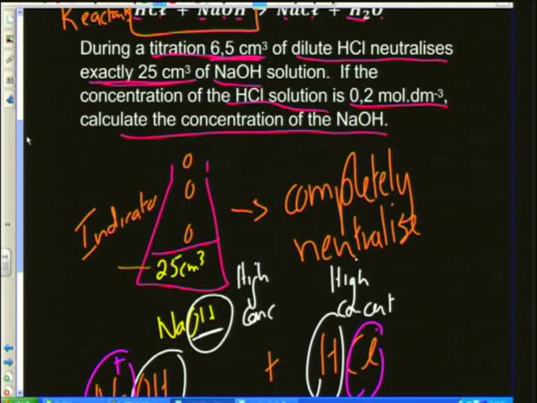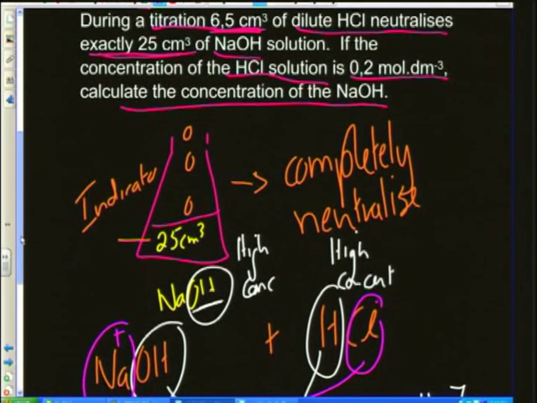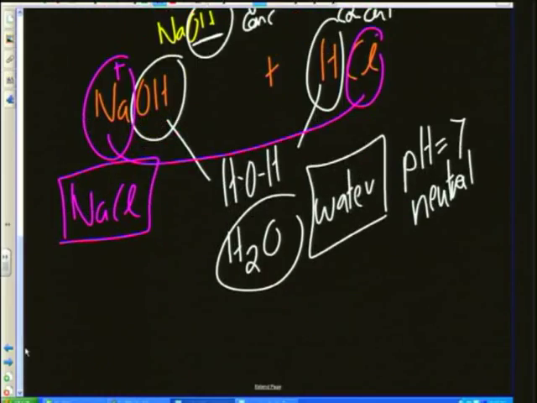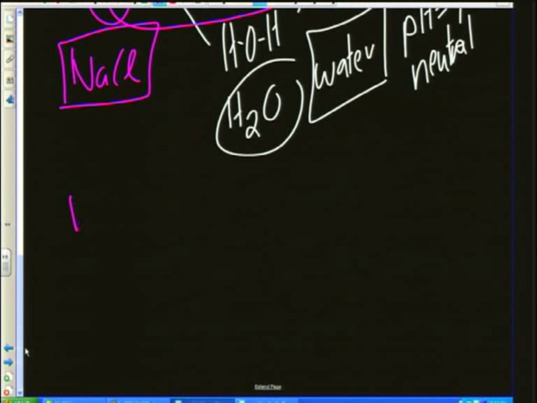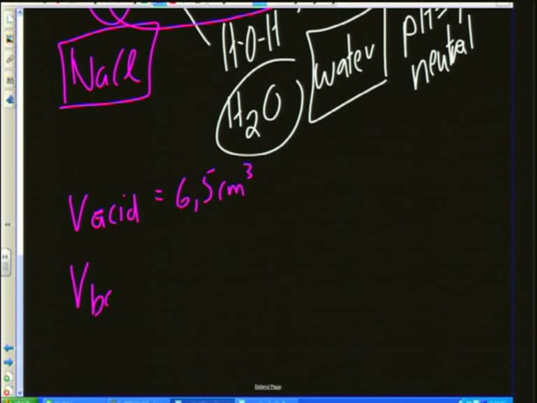So during the titration, we've got the volume of the acid, because it was dilute acid. So I'm going to write down here, volume of acid was equal to 6,5 centimeters cubed. My volume of base, and I'm just going to call it base even though it's alkali, was 25 centimeters cubed, and that was the exact neutralization.